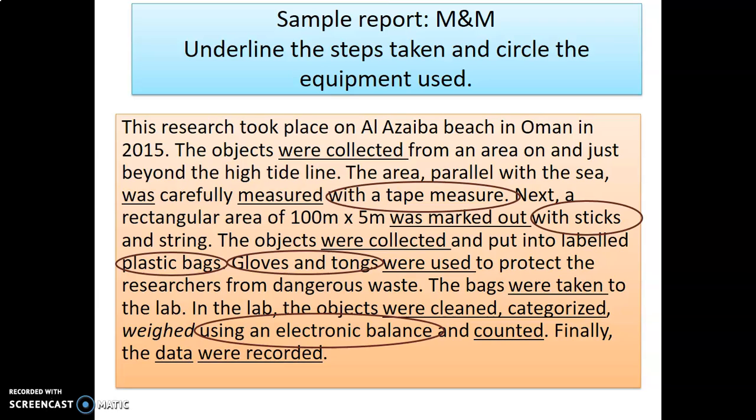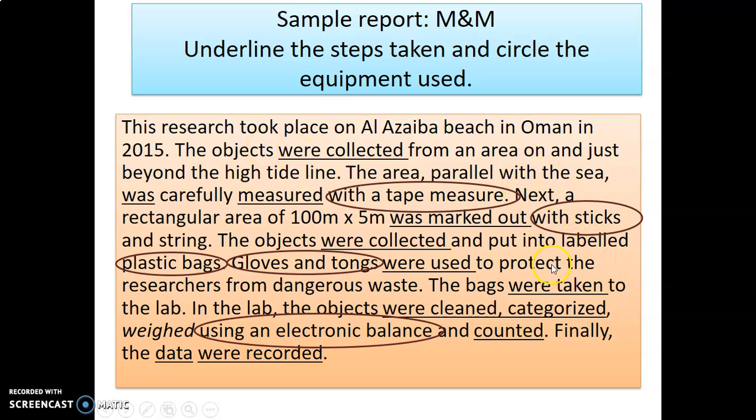And why is it passive? Well, oftentimes in science we either don't know who did the experiment, or it doesn't matter to us, right? What matters is what happened, the verbs, the steps, right? That's why we use passive. Except for the first sentence, take a look. We have this research took place, because this research is the subject here. That's why took place is the only active verb here, right?